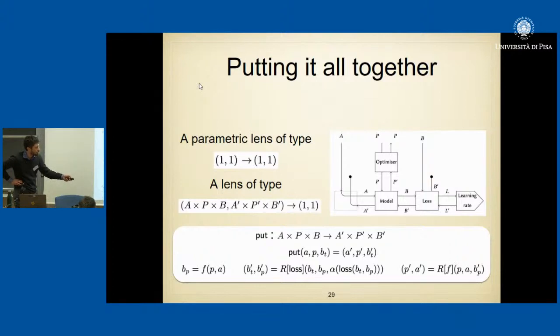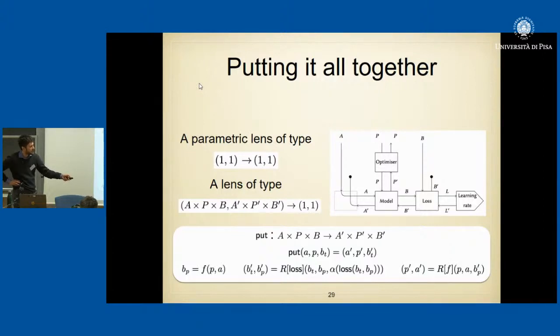This is taken together with alpha, which is the amplification of the error. So I amplify the error and compute the loss, which compares BP to BT. I take the reverse derivative of this, and this gives me a change in BT and a change in BP. Finally, I take the reverse derivative of f with my parameters, A, and the change in the outputs.